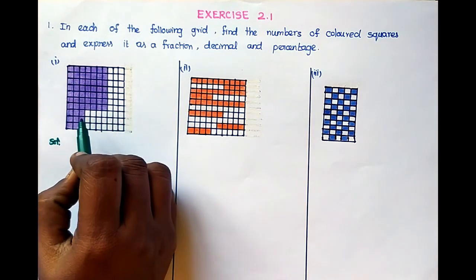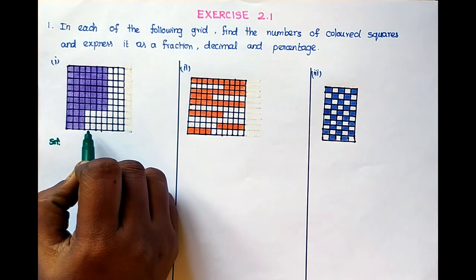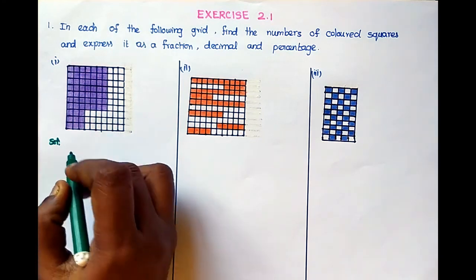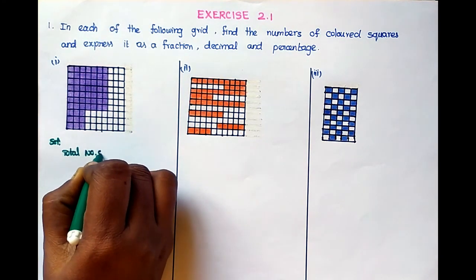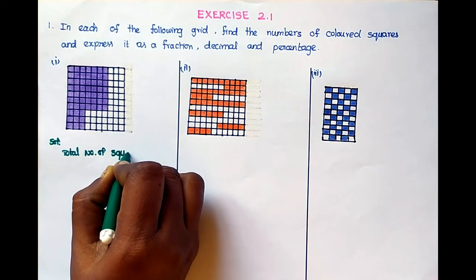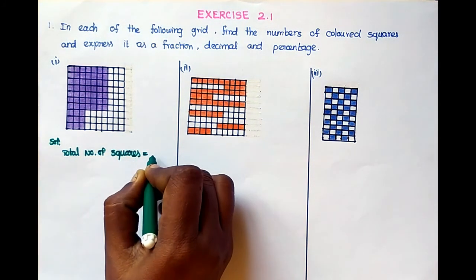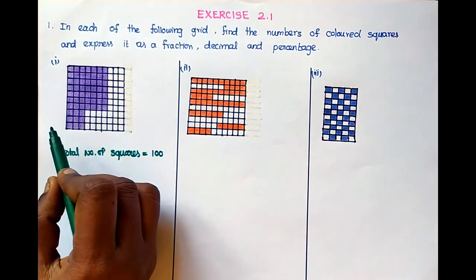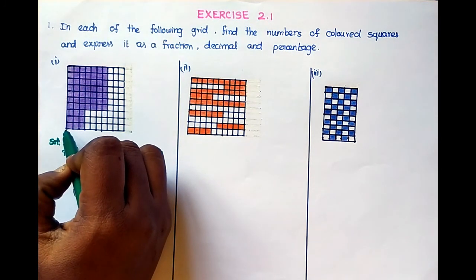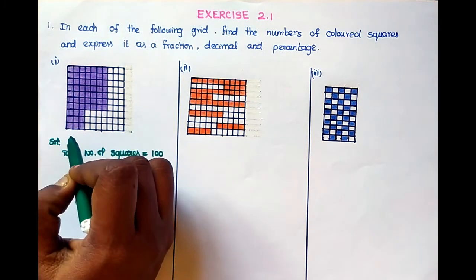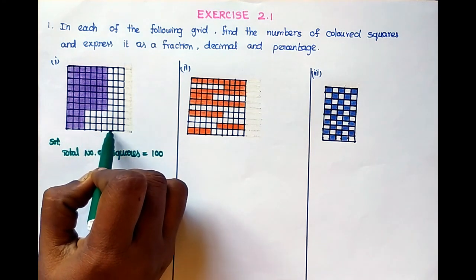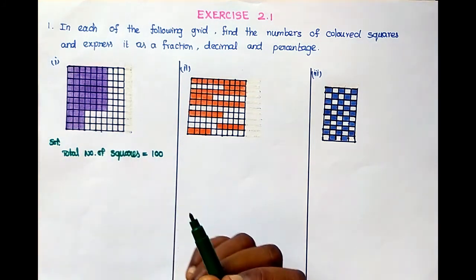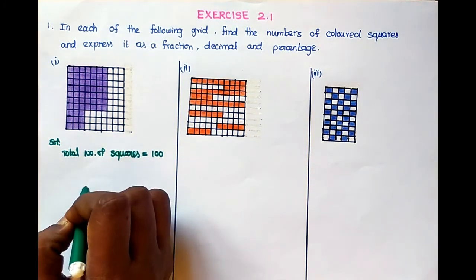The total number of squares in this figure is 100. One column is 10, so 1, 2, 3, 4, 5, 6, 7, 8, 9, 10. 10 rows, 10 columns. So totally 100 squares.